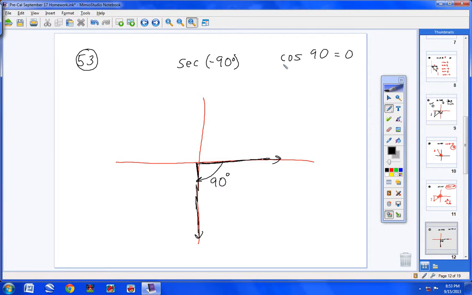So I type into my calculator the cosine of 90 and I get out 0. So now I'm going to flip 0. 0 is really 0 over 1. Well, when you flip that, you get 1 over 0. And you can never have 0 in a denominator, so that means the secant of negative 90 is undefined. There is no secant of 90 degrees, or negative 90 for that matter.